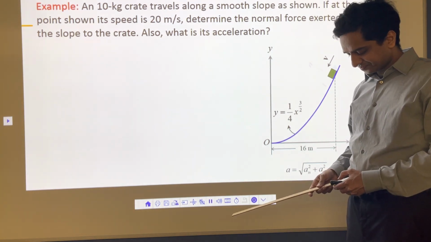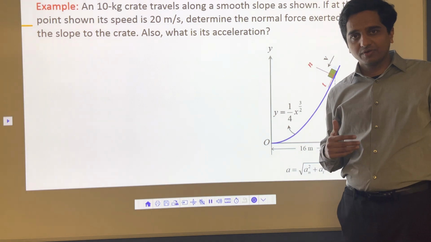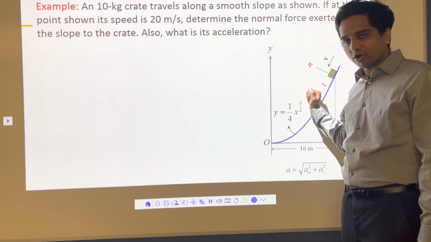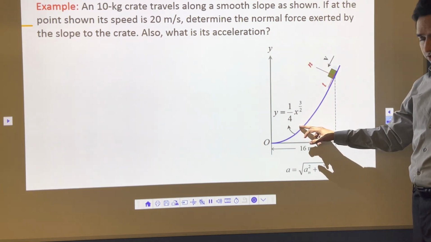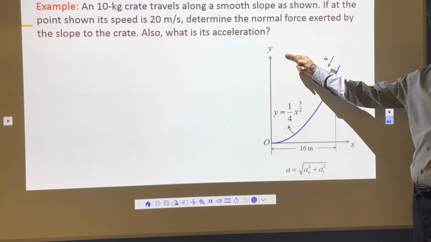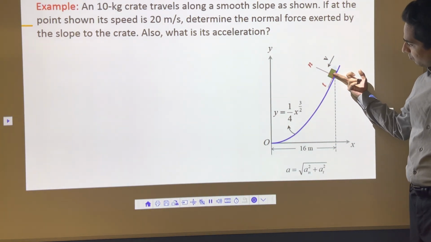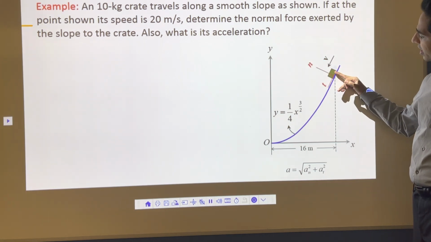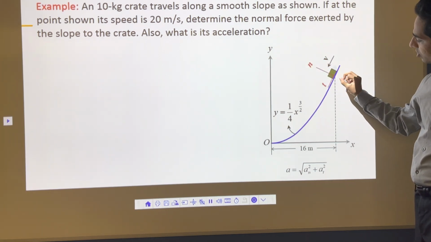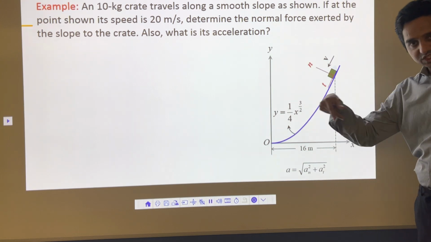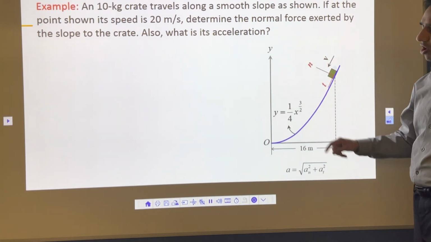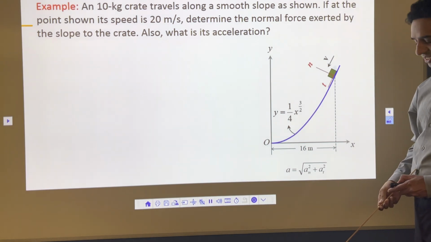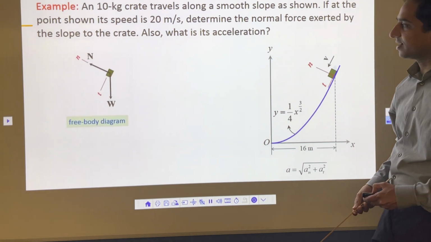So the very first thing, we are going to apply our coordinate system, which is normal and tangential components. This one is a slope, with the normal component here. Because we want to know the normal force at that instant, we will have the normal component in this direction, and the tangential of course in the direction of the motion. Once you get your normal and tangential components, the next part is to draw a free body diagram.